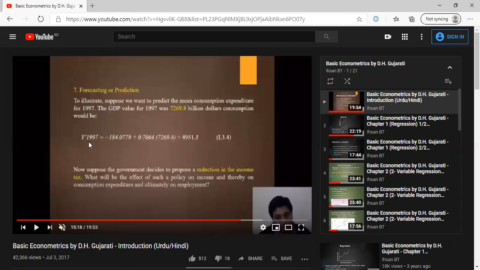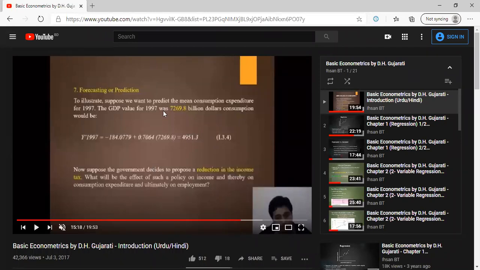That is a prediction for Y. Obviously, if you know beta 1 and beta 2, any X value will give you a Y value. So that is prediction.